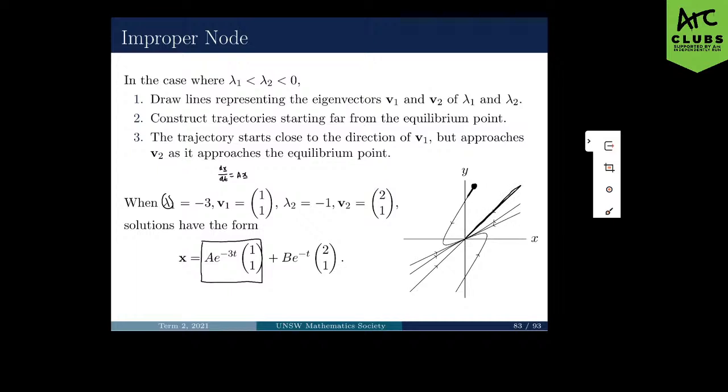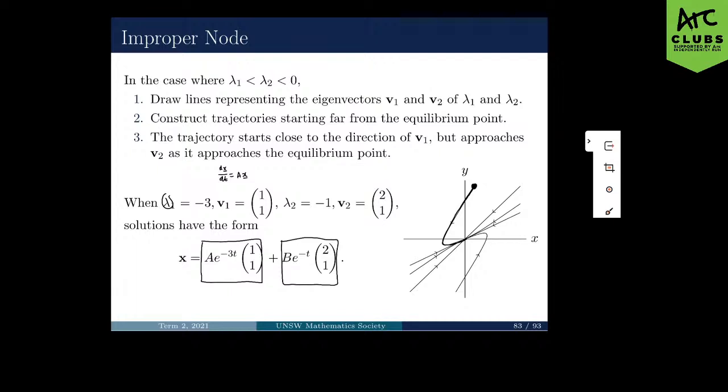Well, not (1, 1), but rather (-1, -1), though it's parallel to (1, 1). Then we draw our trajectory so that it's heading towards the origin. But as t gets larger, the second term starts dominating, and so our trajectory starts going in the direction of (2, 1), which is v2.